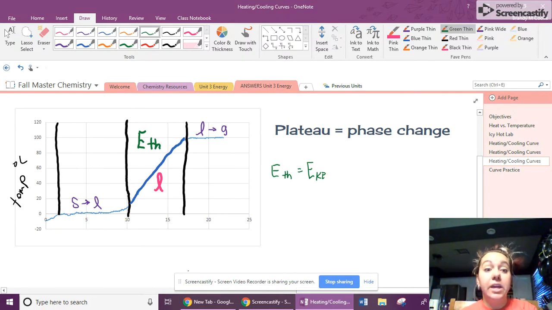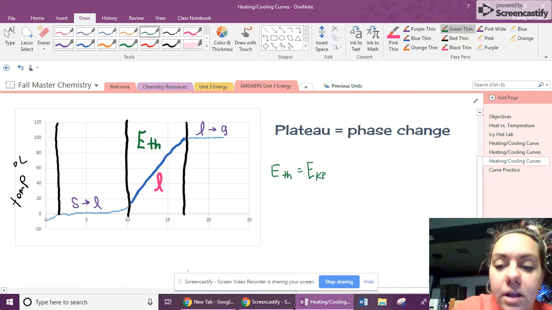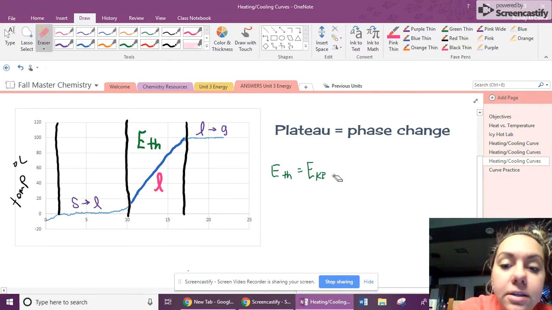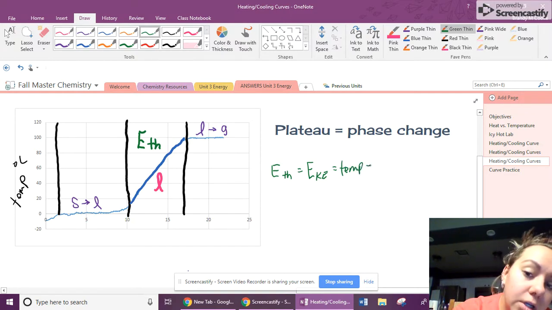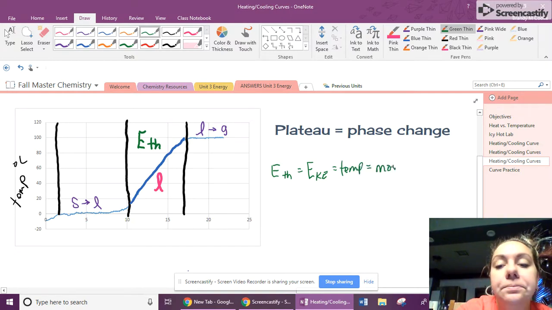It's those particles moving. And on that graph, we see the kinetic energy is increasing. Well, how do I know that? Because the temperature is increasing, and temperature is average kinetic energy. And then, of course, all of those are movement.